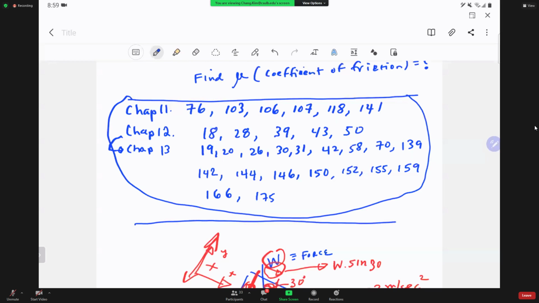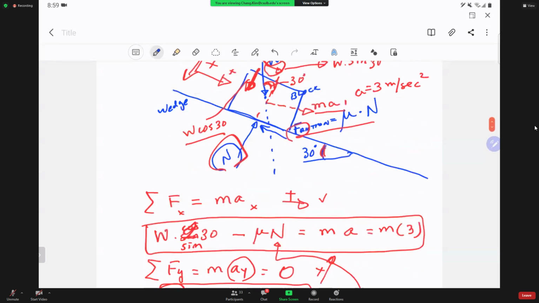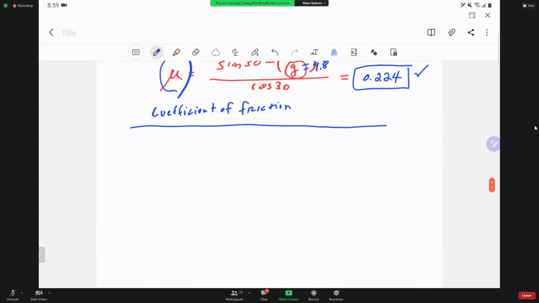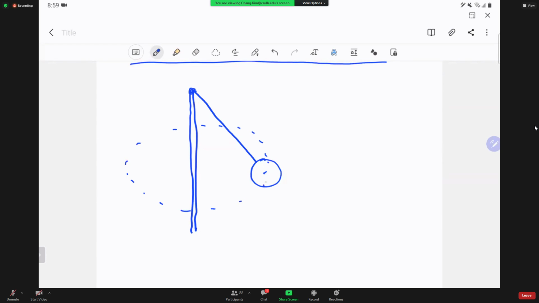Okay, I'm going to take a look at one other problem. Here is the other problem. I think when you go to an elementary school or somewhere, there is a string attached to a ball, and you start hitting it, and this guy travels in a circular motion.